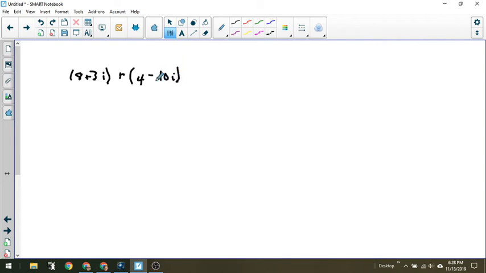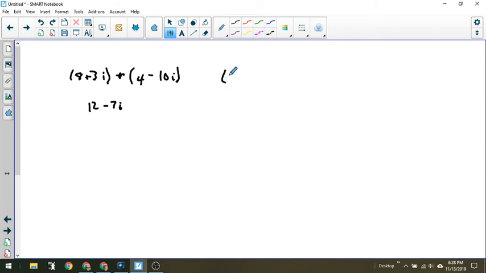Sorry for the writing here. I'm having to go back and forth and look at two different things and write on a third. So when I add these numbers, I add the real parts, the 8 and the 4, and I get 12. And I add the imaginary parts, the 3i minus the 10i, and I get negative 7i.